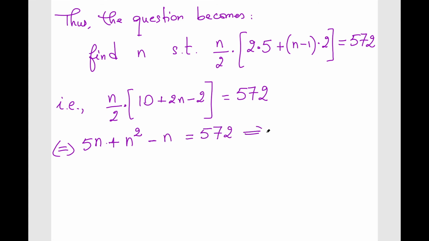So this is n squared plus 4n minus 572 equals 0.